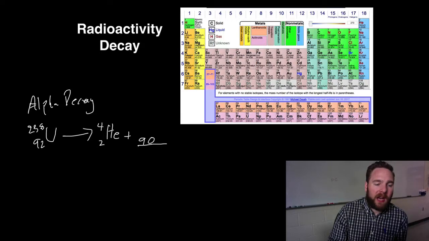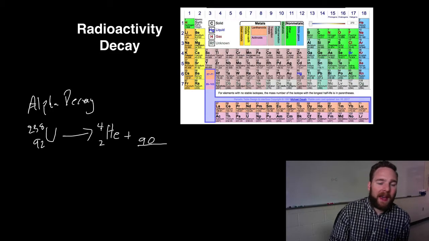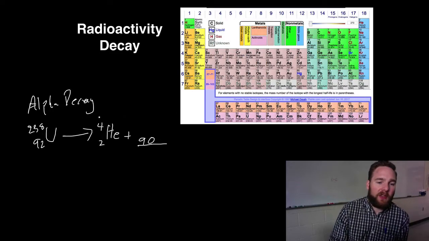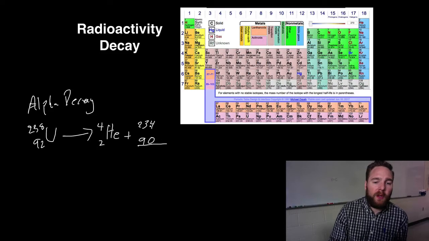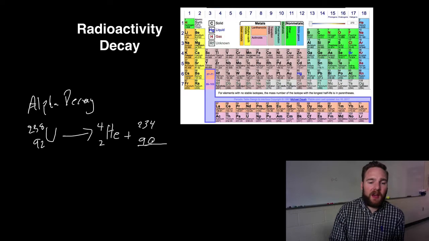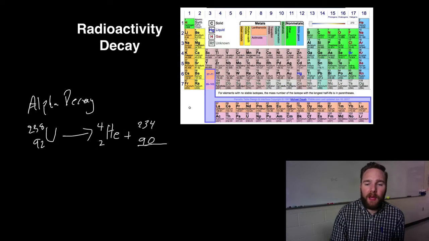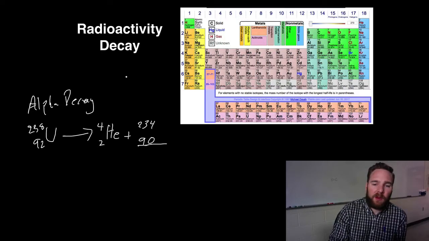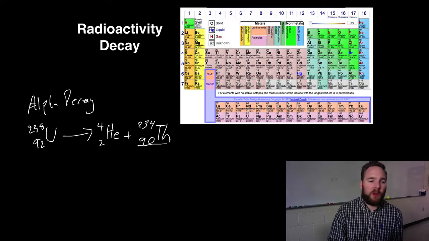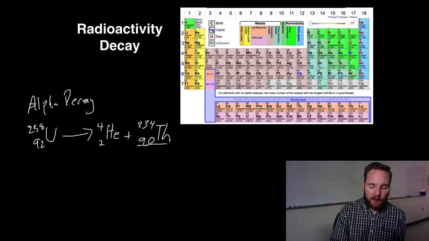And then on our top we have 238, and we have 4 of the mass of the protons and neutrons taken away. 238 minus 4 is 234. Well, think about this. This is the atomic number and this is atomic mass. No longer do we have uranium, but come over to your periodic table. What is it that has 90 as the atomic number? It is now thorium. So that's what we're doing on an alpha decay problem.